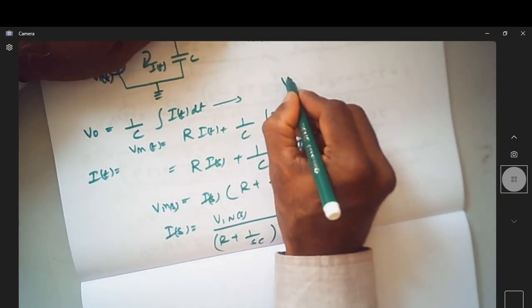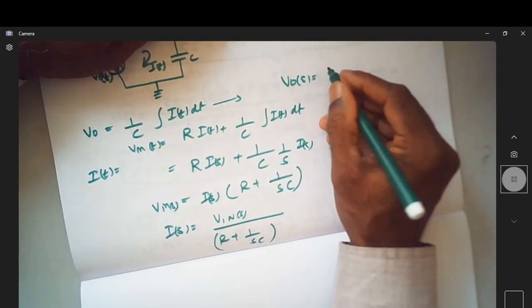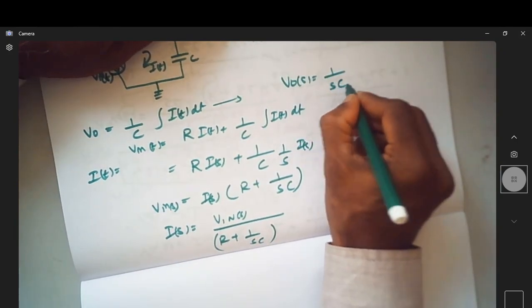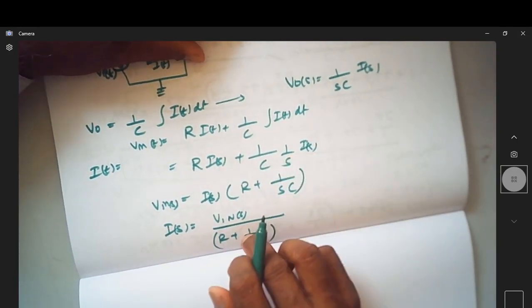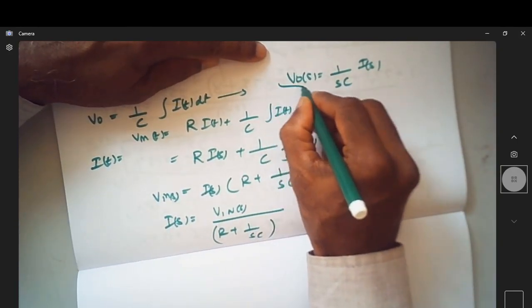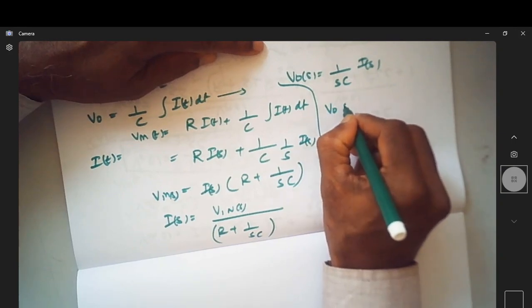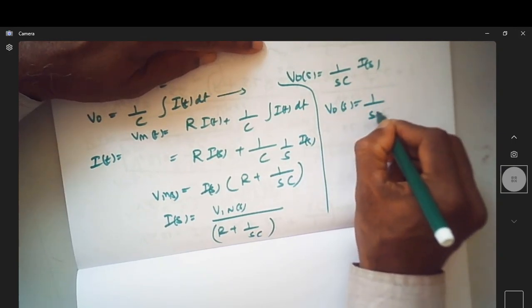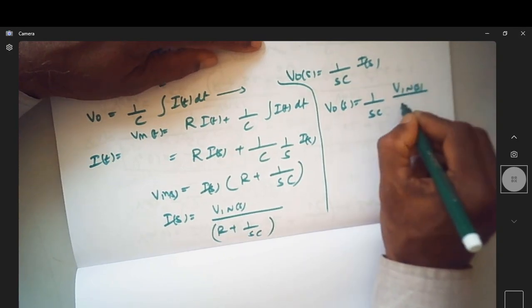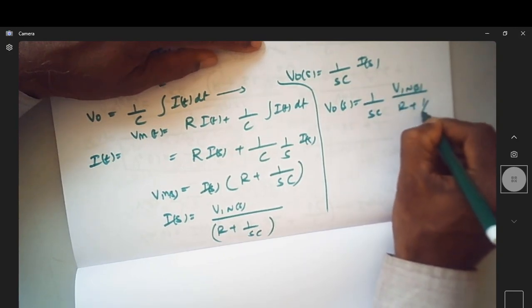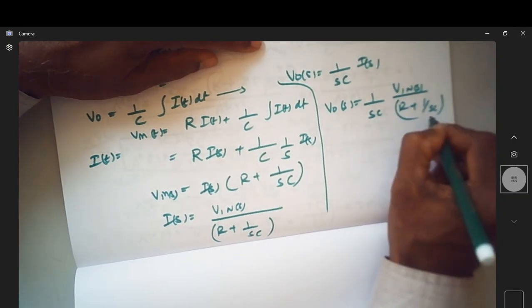So what is V0 of s? Again take the Laplace: V0 of s is 1 over SC times I of s, and I of s is this over here. So V0 of s is equal to 1 over SC into V in of s by R plus 1 over SC.